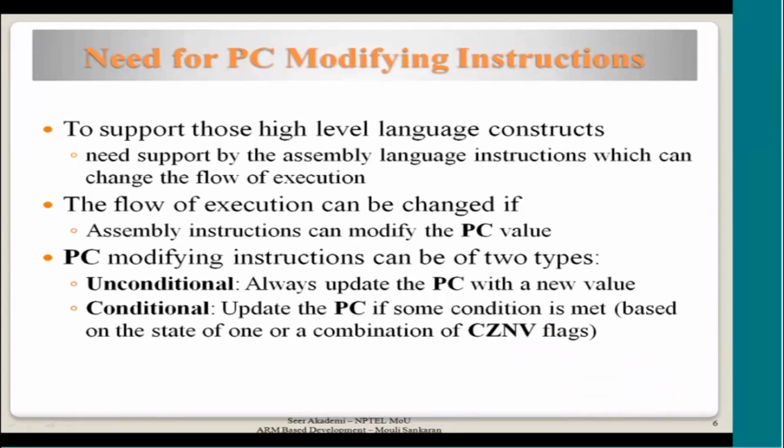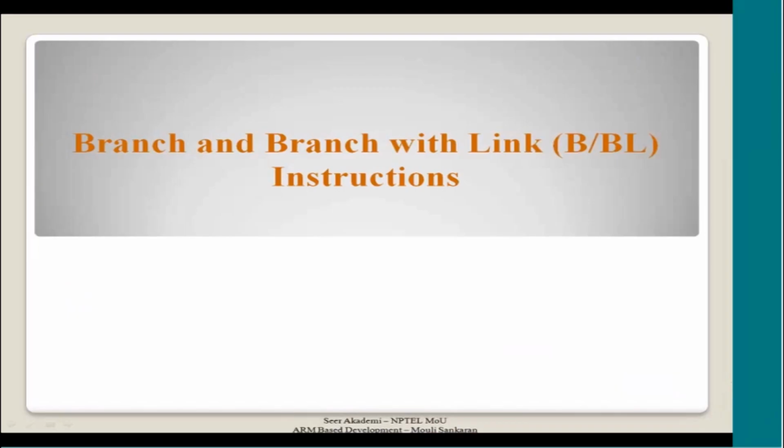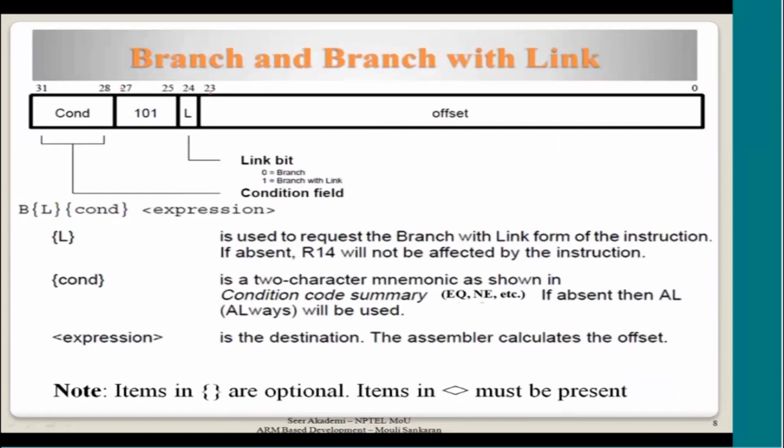Now I have not told you what the instructions that support this are, so let us see. This is the instruction. How do you write it? This is B. B stands for branch. L is optional because it is within the parentheses. If L is mentioned, let us come to that later. Assume that B is followed by the condition.